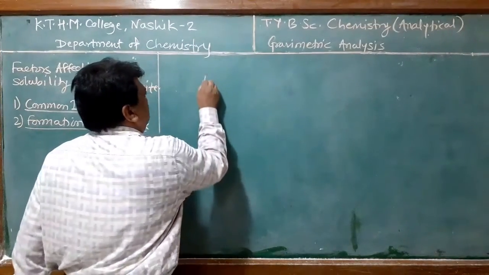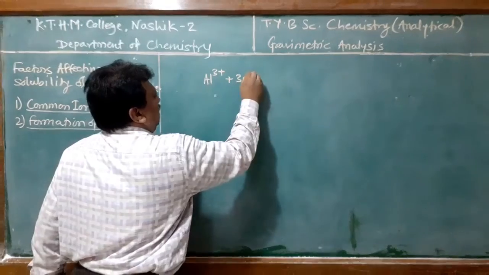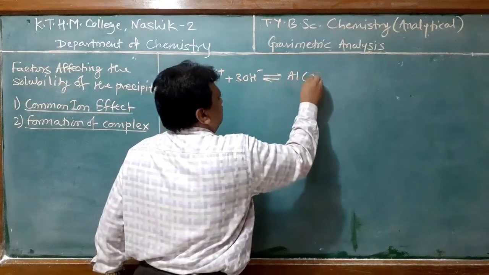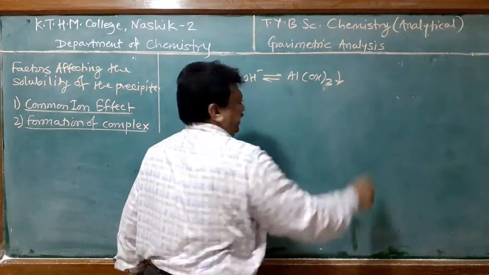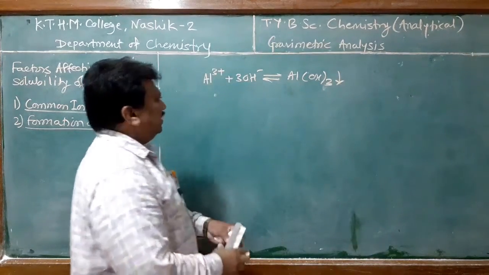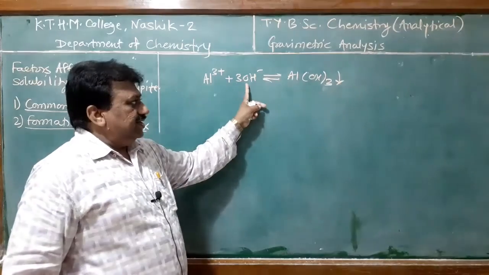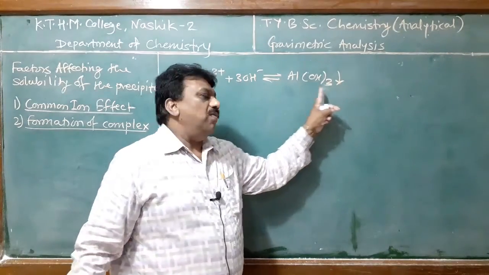Suppose, for example, we have to precipitate Al3+ ion by using hydroxide ion, then Al(OH)3 precipitate is obtained.